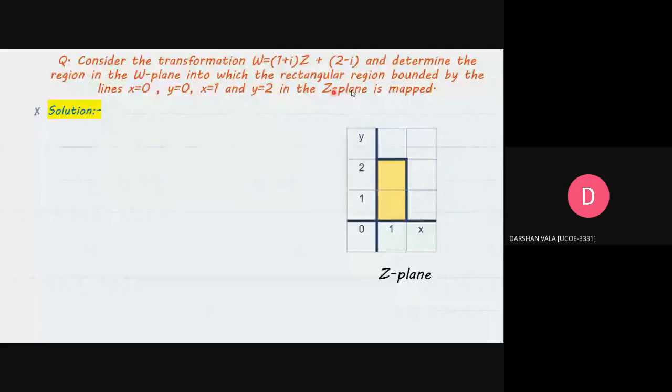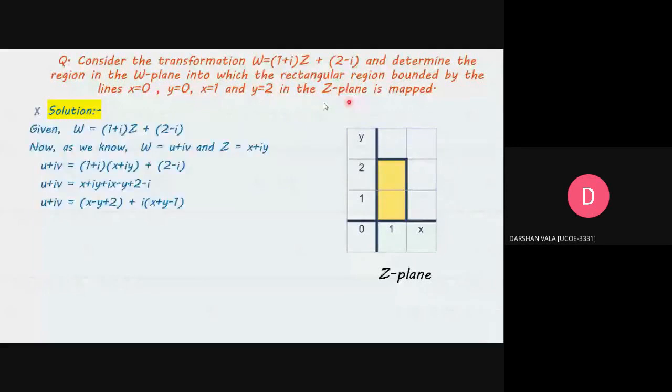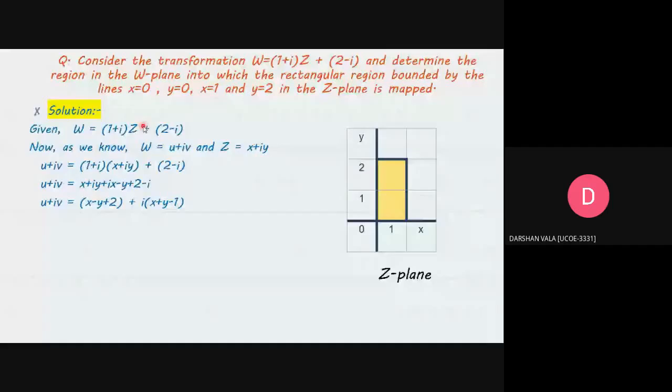In this solution, first we plot the given four lines in the Z plane, as seen on the right hand side of the PPT.